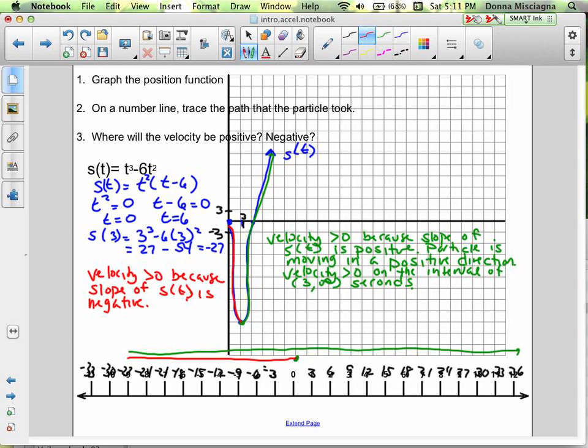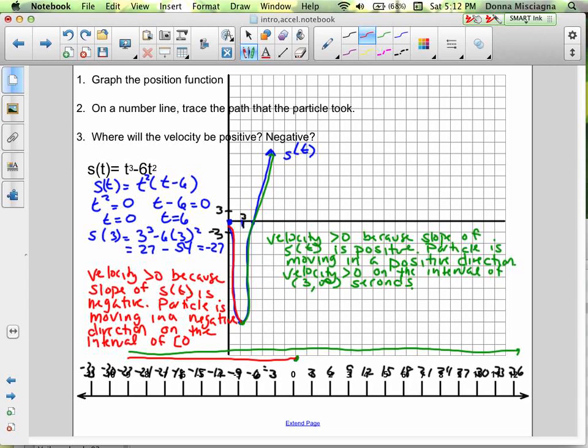So the particle is moving in a negative direction, and that's happening on the interval. I'll abbreviate a little bit because I don't have much space. So right away it's moving in the negative direction.